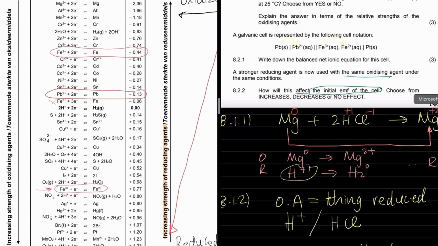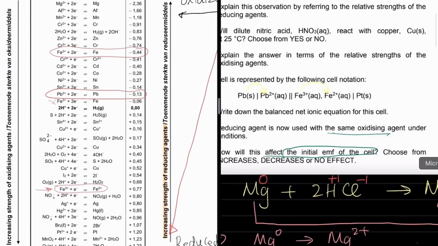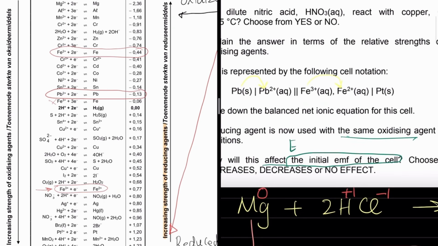Remember, there is a formula that you use to calculate EMF. The formula you're using is the E naught of the cell. So let's make a note of it here. The E naught is going to equal the E of reduction minus the E of oxidation.